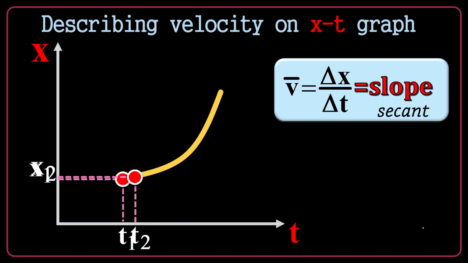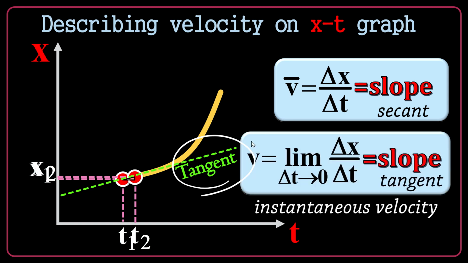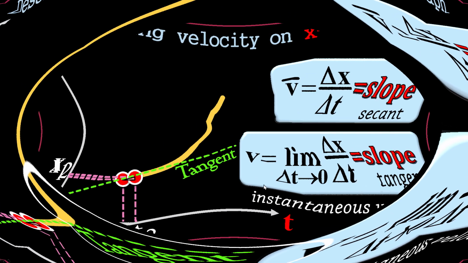Now t2 tends to t1 almost, and so when I establish a triangle, the second line here is a part of the graph, which is called the tangent line. If you find the gradient or the slope of this tangent line, it's going to be the instantaneous velocity. So instantaneous velocity is the limit of delta x over delta t when delta t tends to 0, the slope of the tangent line or the gradient of the tangent line.